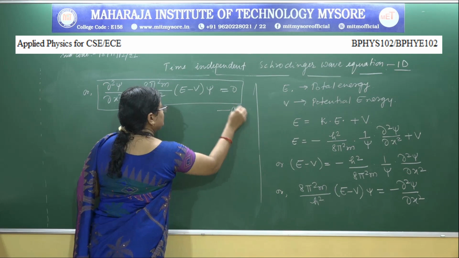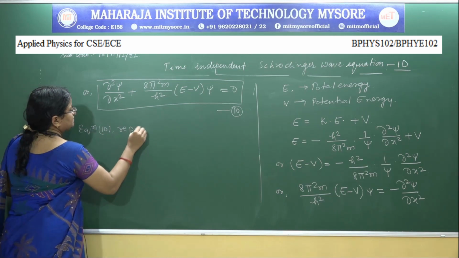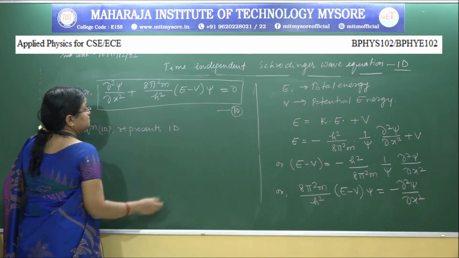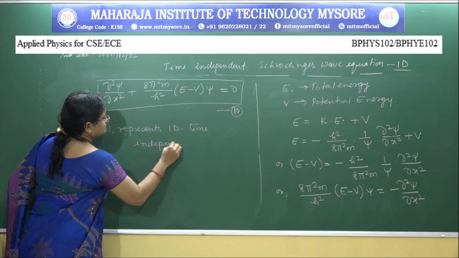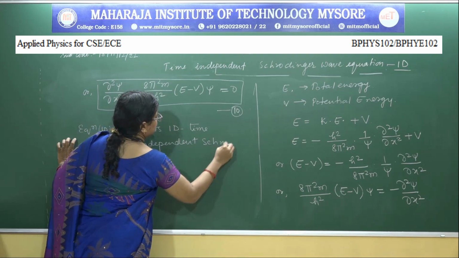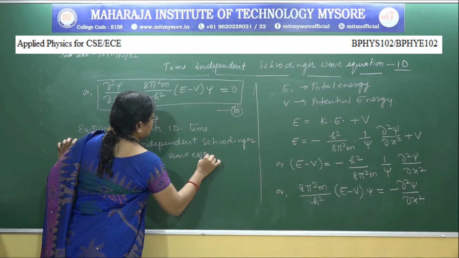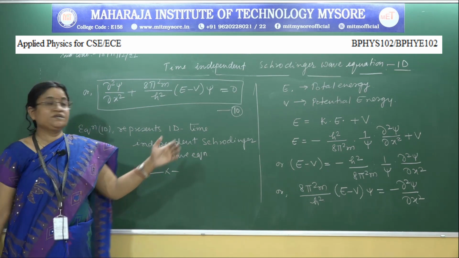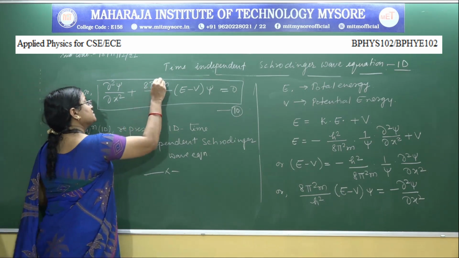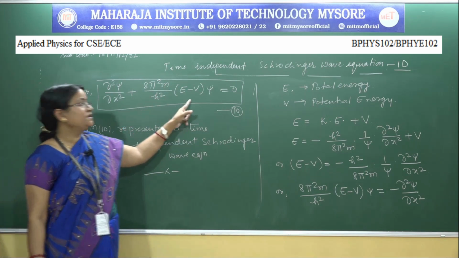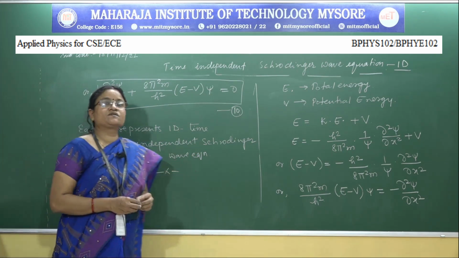So this is equation 10, and equation 10 represents the one dimensional time independent Schrodinger wave equation.